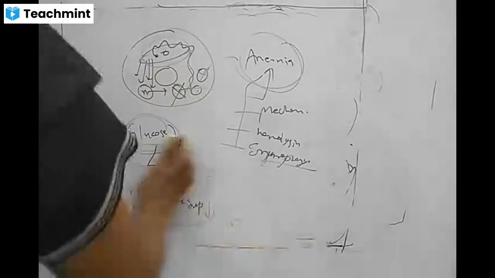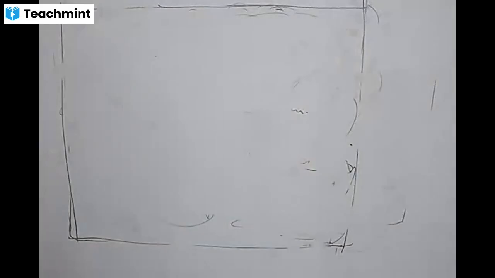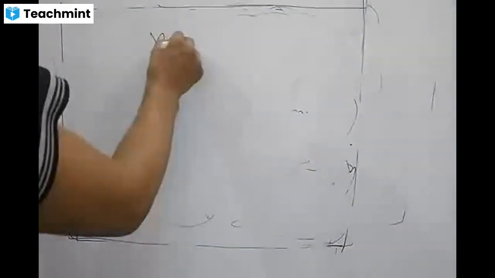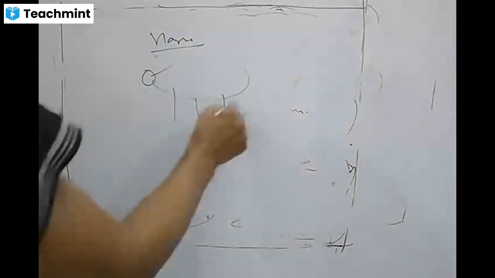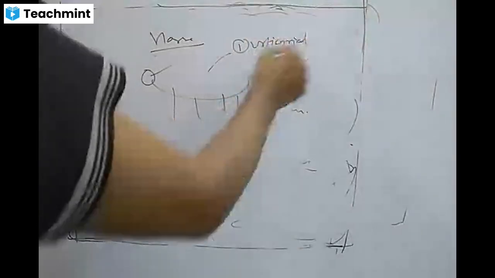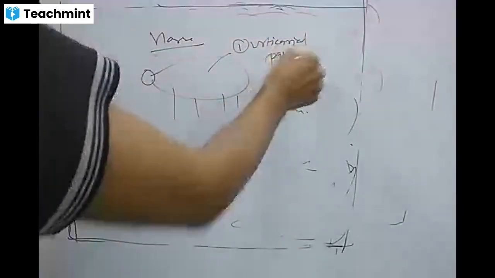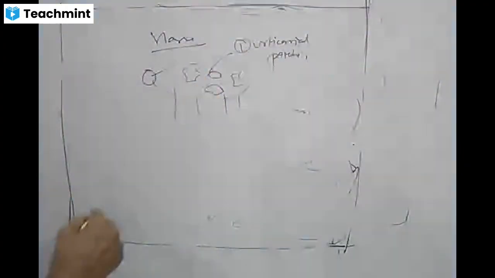In case of clinical signs, the more specific features in case of horse, suppose this is the horse. So the first important thing is the urticarial patches, these skin patches.